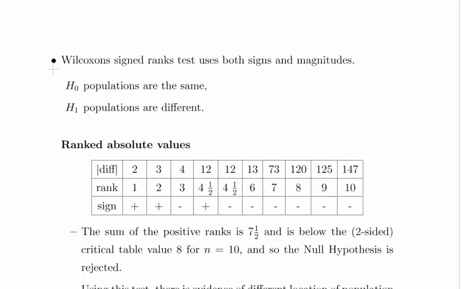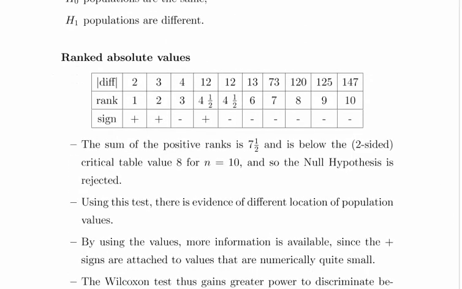Now, I have done this procedure before in a different video, so I'll just go over it briefly. What we have here is the absolute difference of the 10 fish, and I also have them sorted in ascending order, from smallest to largest.